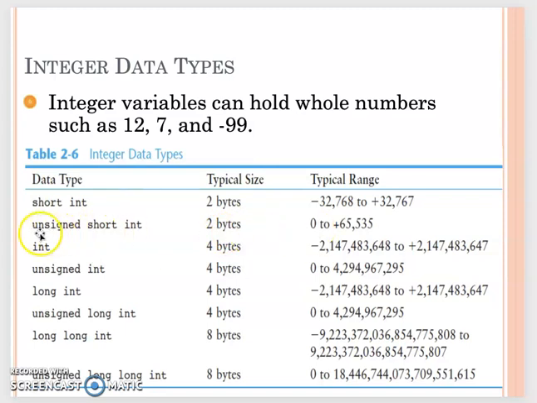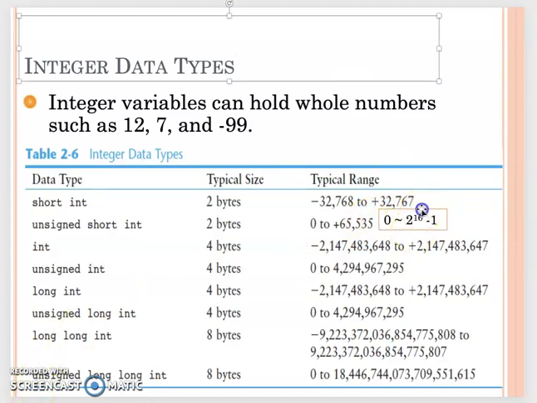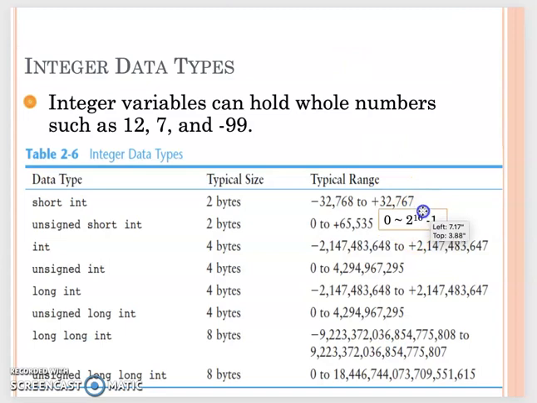If there is no sign, the value starts from 0 to 2 to the 16 power. Let me write it down here: 0 to 65,535. So that's how we calculate.